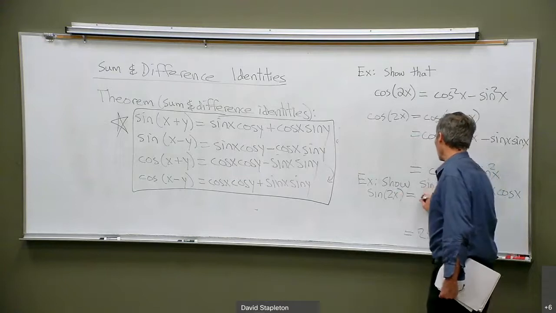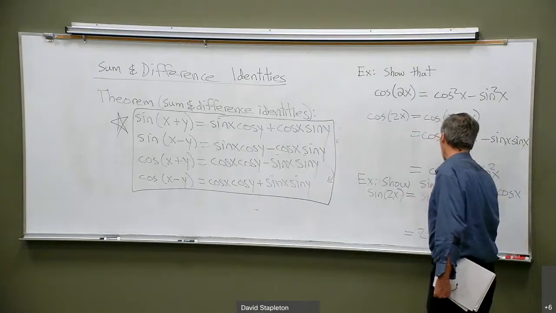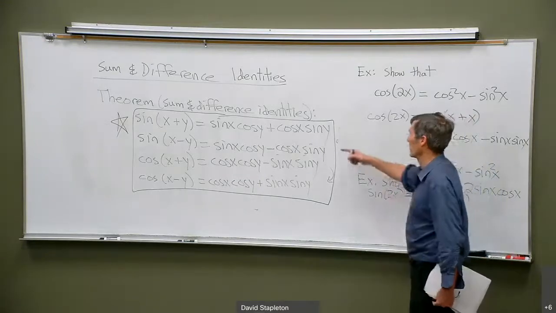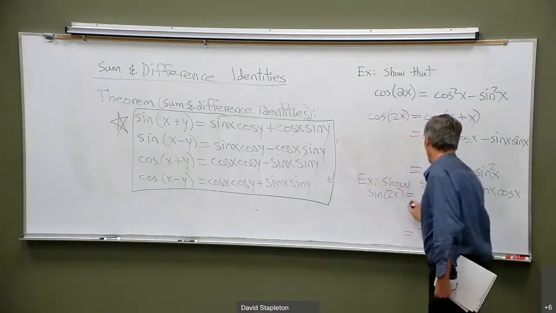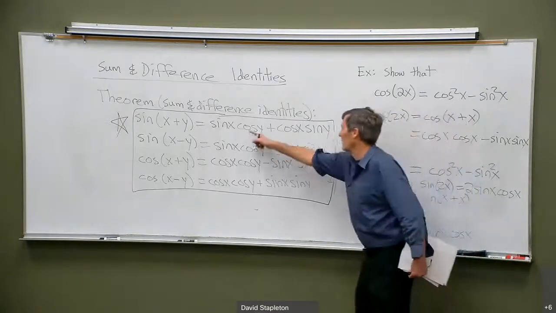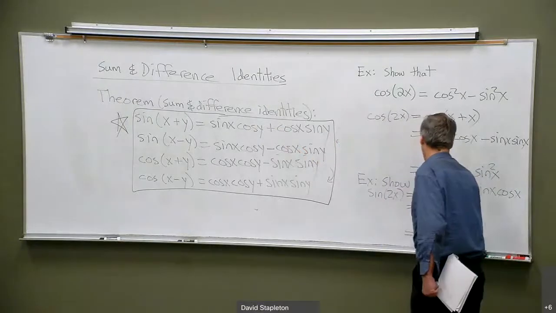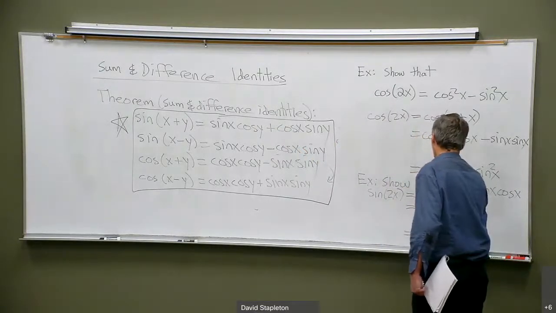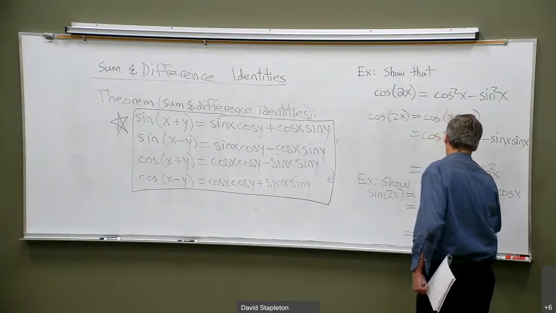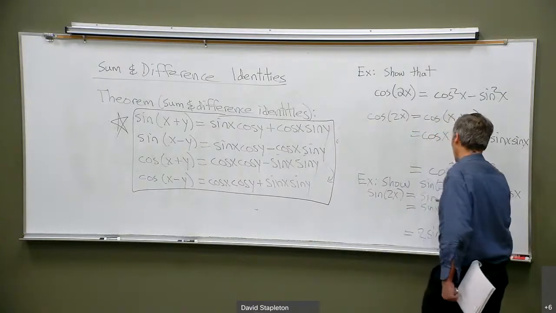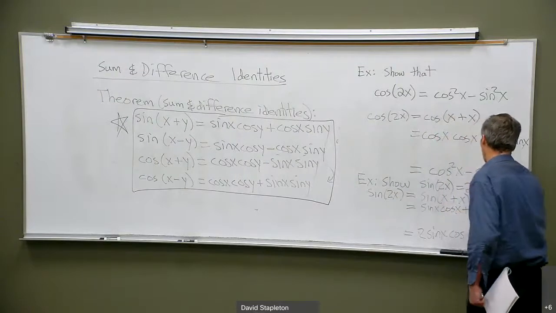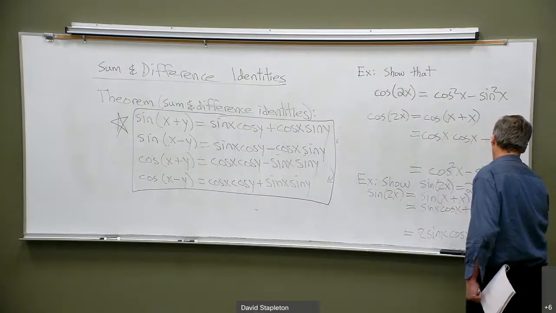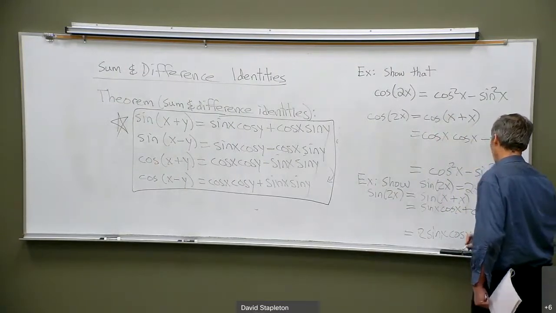So I'll rewrite this as sine of x plus x. And this time apply the sum identity for sine, right? Sine of the sum of two angles is sine cosine plus cosine sine. That's why you have to memorize these little rhymes. Sine cosine plus cosine sine. It's just now the two angles are the same. Instead of x and y, we just got x and x. All right.